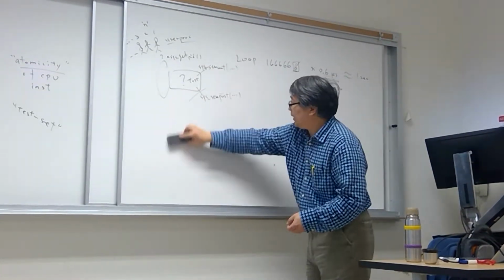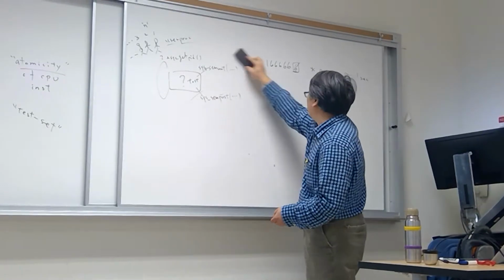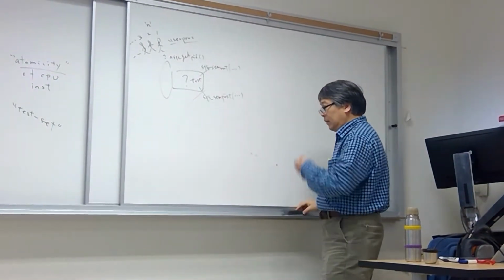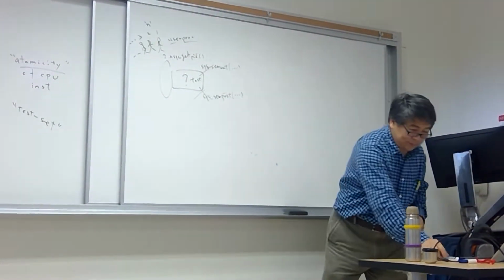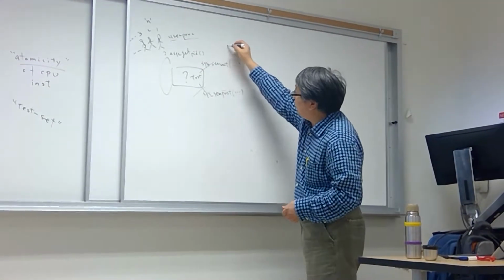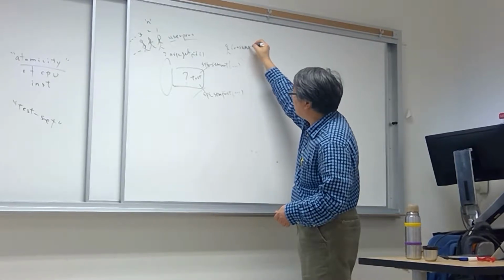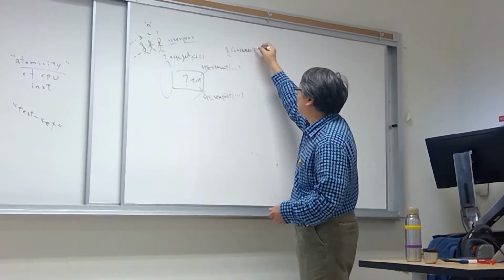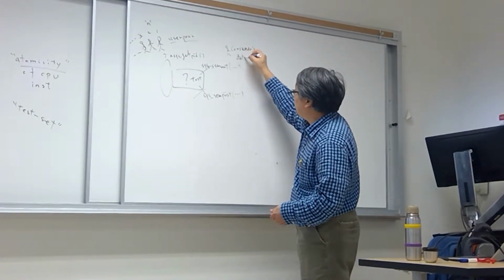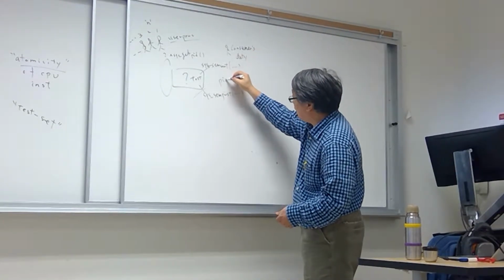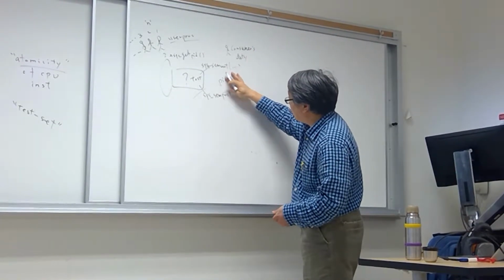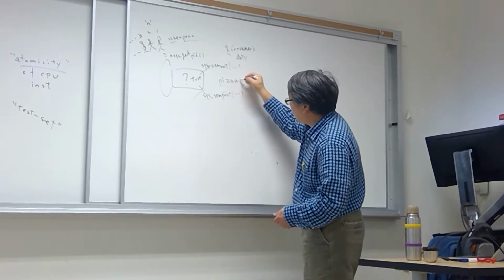Okay? So let me write it out. So here is the consumer's code. The consumer's duty is to pizza. How do you spell pizza? Pizza minus.